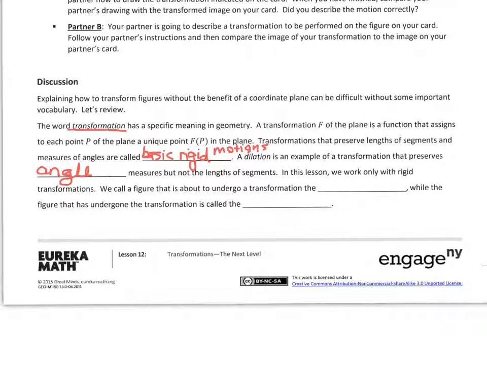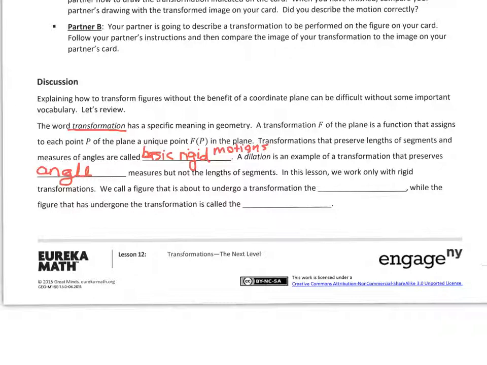It'll keep the angles, but it'll change the sides. It's kind of like when you zoom in or zoom out on a picture on your phone; that's called a dilation. In this lesson, we work only with the rigid transformations, so we're not going to do dilation yet.